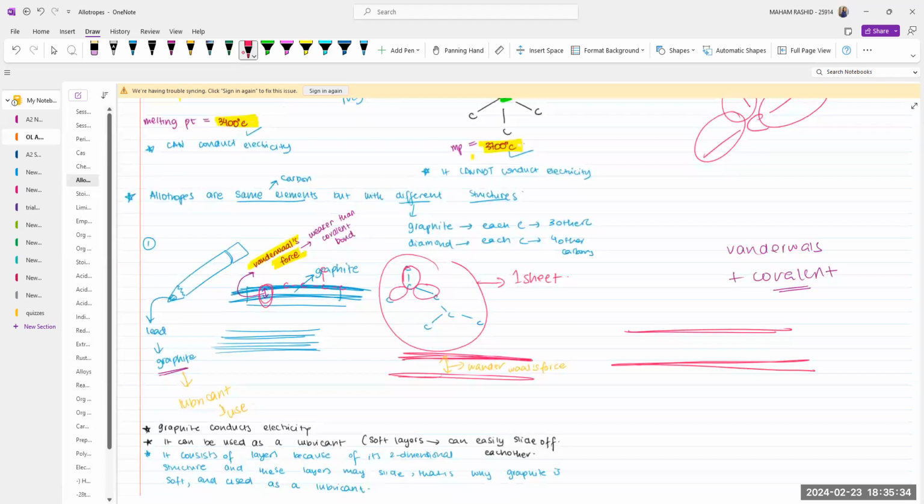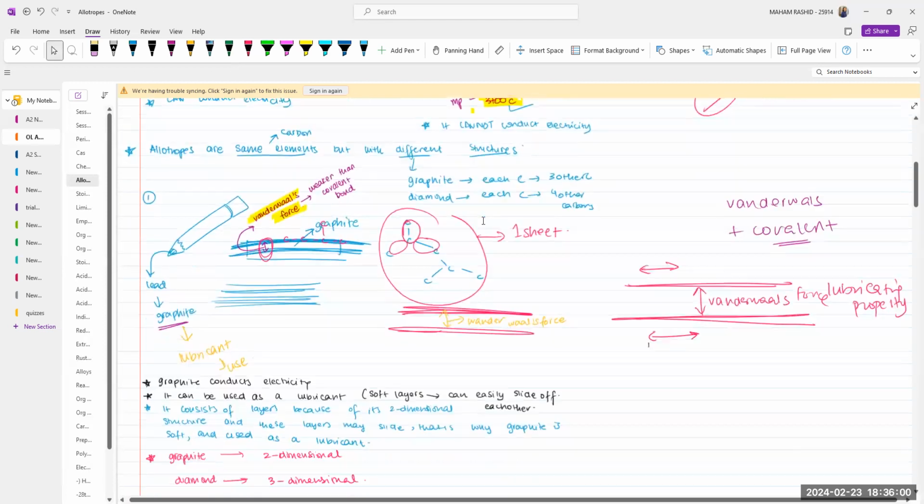These sheets are placed on top of each other, and they give it the lubricating property. Why? Because these sheets have van der Waals forces, which is the weakest force. So these sheets can easily slide past each other, which gives it the lubricating property. What else did we discuss here?